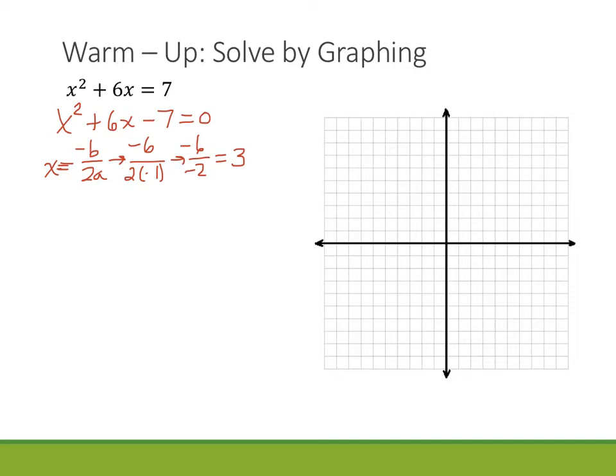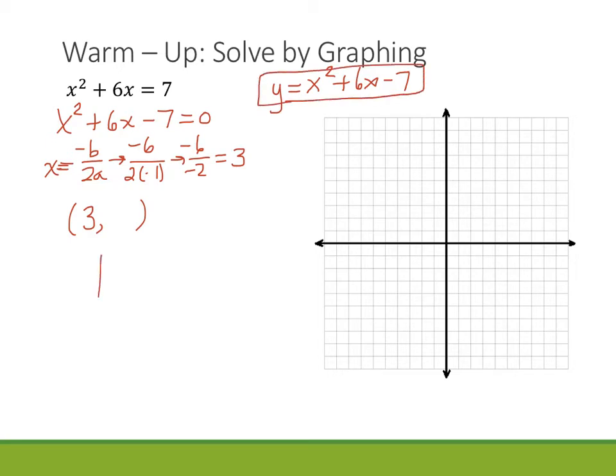I know then that the vertex occurs at the point 3 something. Now I have to find the y-coordinate of the vertex. So what I'm going to do is graph the related equation y equals x squared plus 6x minus 7. I would recommend that you go to the calculators that you've been using, type this function into the calculator, and then draw up a table.